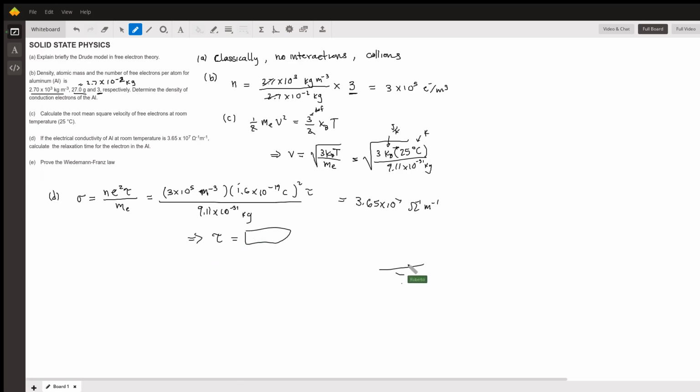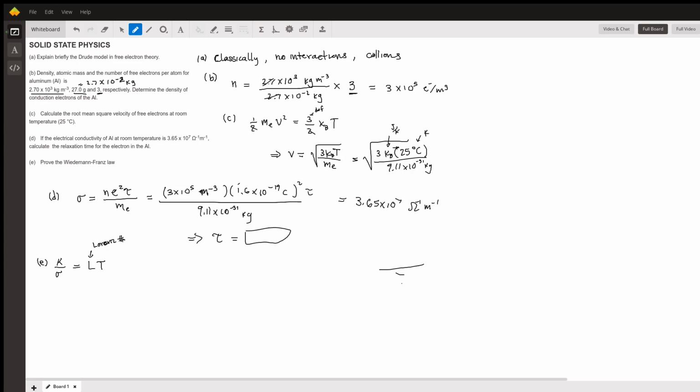And then the Wiedemann-Franz law says that the heat conductivity and the electrical conductivity divide to be some constant that depends on temperature. This constant being the Lorentz number. So how do we prove that?